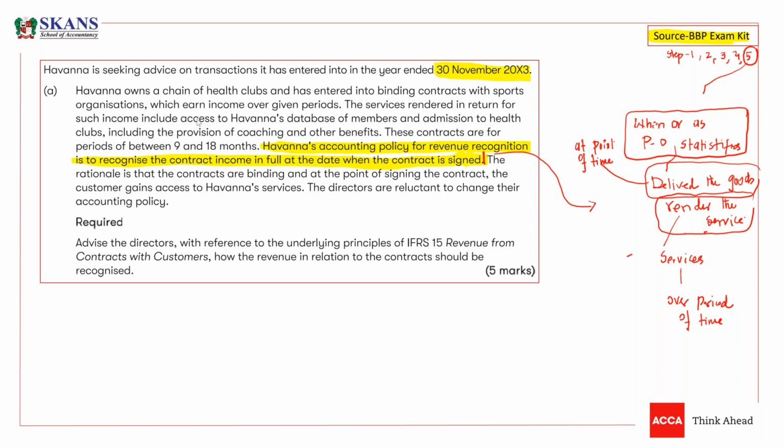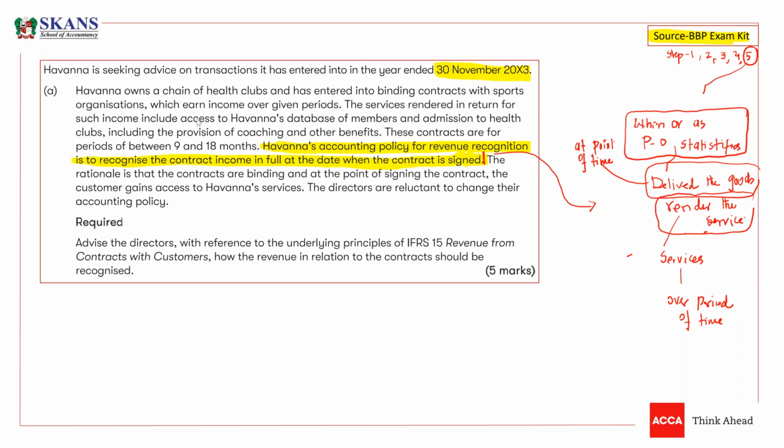The easiest way to show higher profitability is to increase your revenues. They don't want to decrease their profits, because we are saying that the revenue should be allocated over a period of time. So you need to tell them this as well, that it will affect their profitability and obviously their performance.